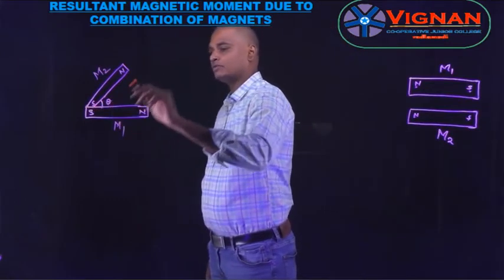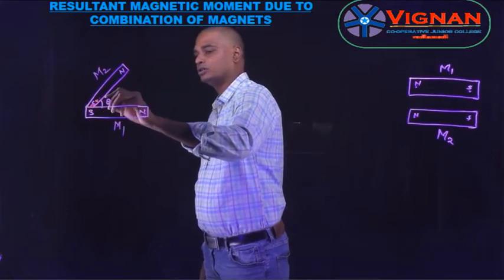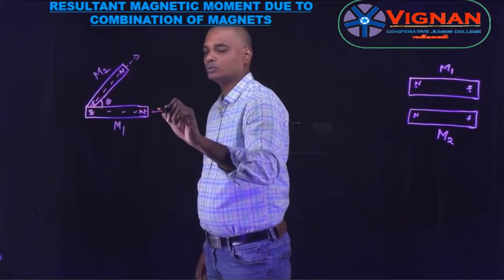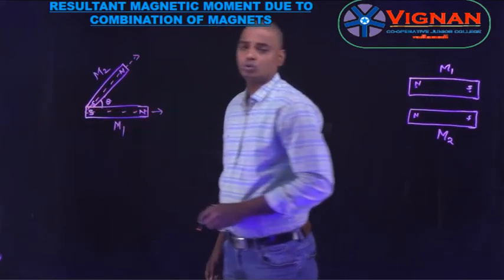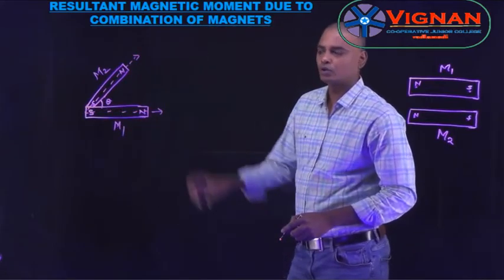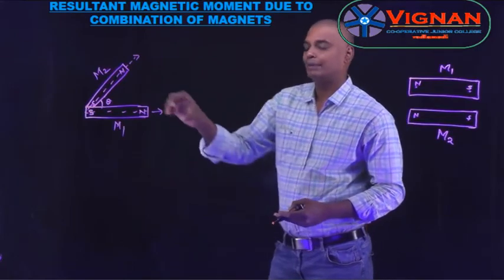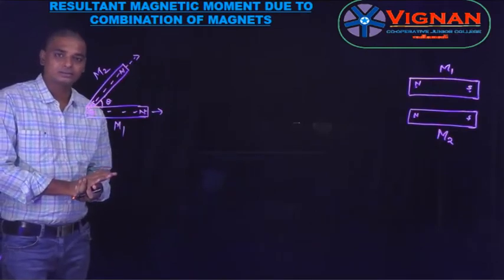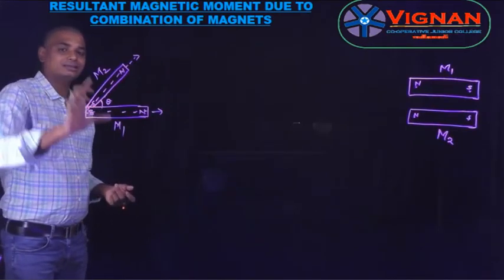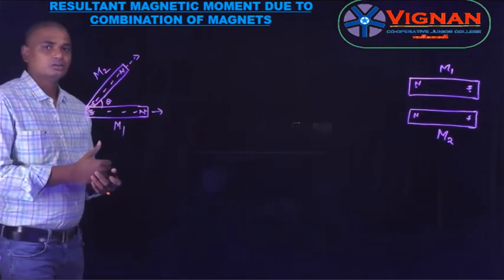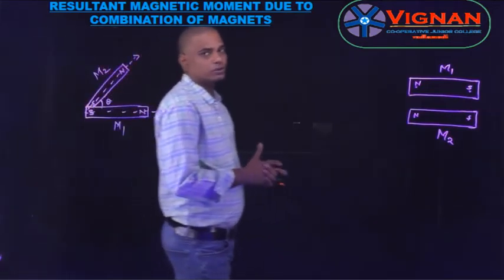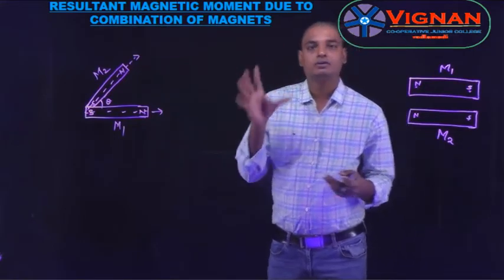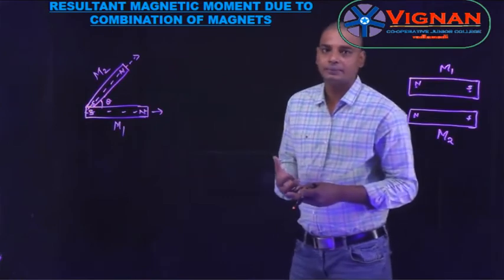The direction of the magnetic dipole moment, we know, is from the south pole to the north pole. Here the two dipole moments of the two bar magnets, M1 and M2, make an angle theta. From the parallelogram law of vectors, if two vectors make an angle theta, the resultant magnitude R is equal to root over P square plus Q square plus 2PQ cos theta, as we discussed in our first year in the chapter of motion in a plane.